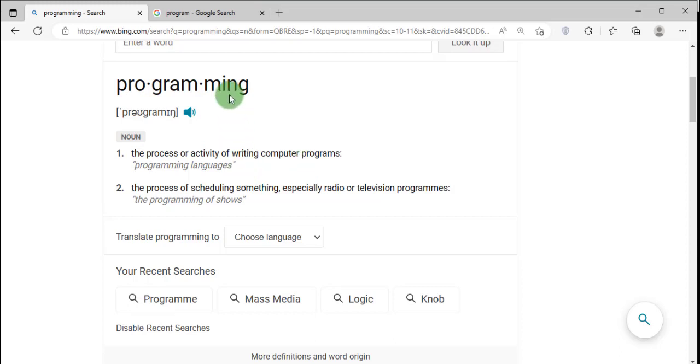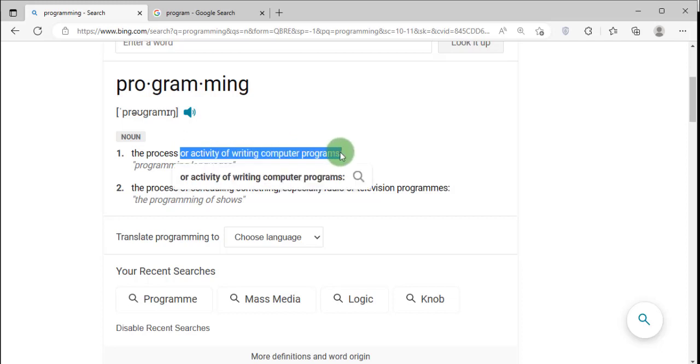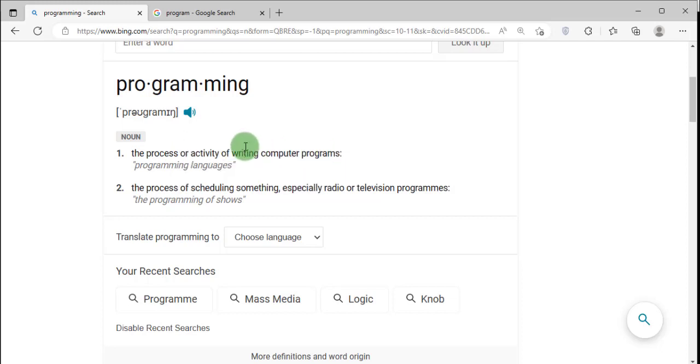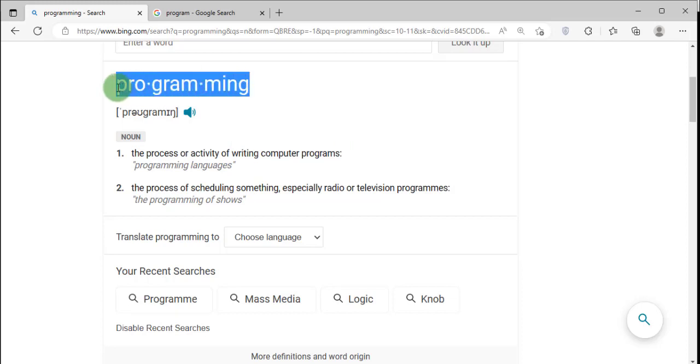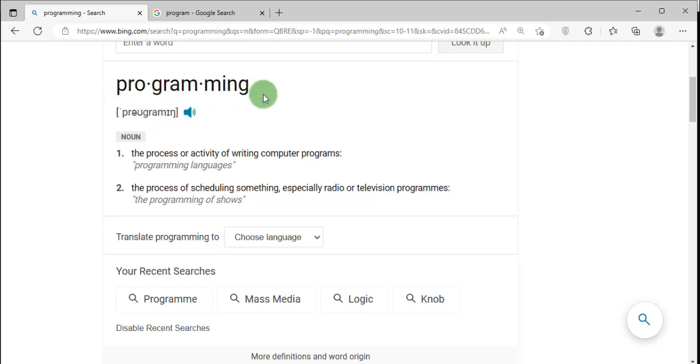Programming is a verb itself, and that verb has been presented as a noun here, like the process. The process is the noun for different activities, or activity of writing computer programs. When we want to use programming, our mind automatically switches to computer programs.